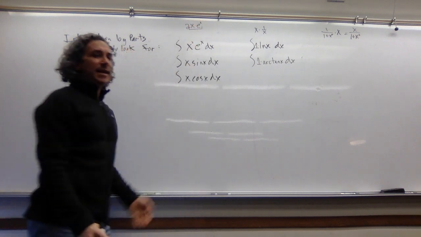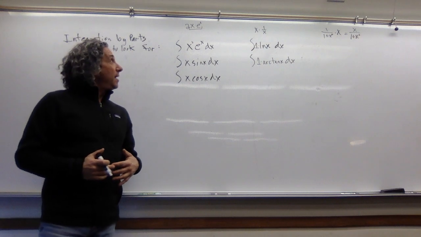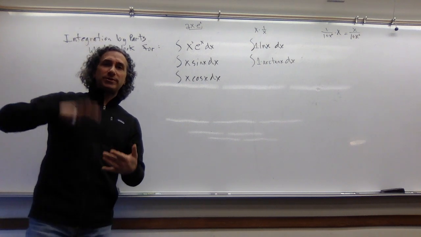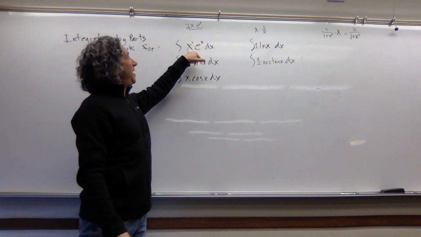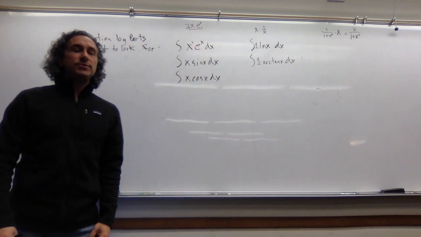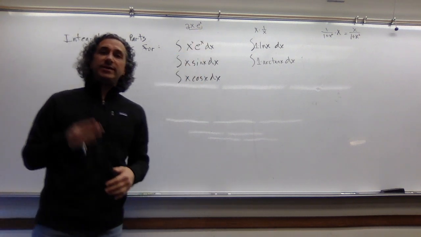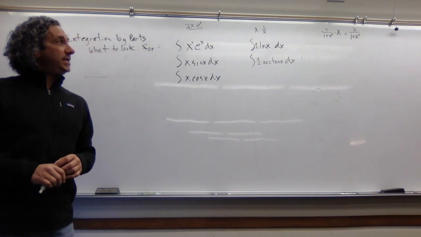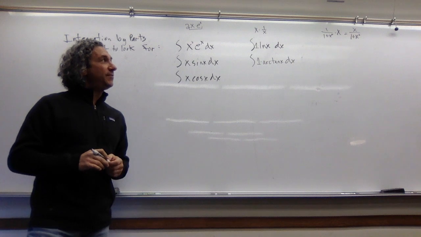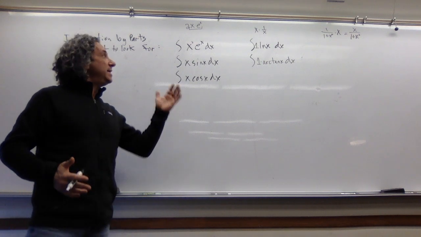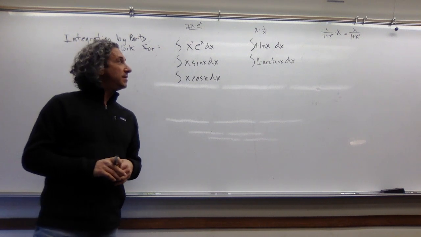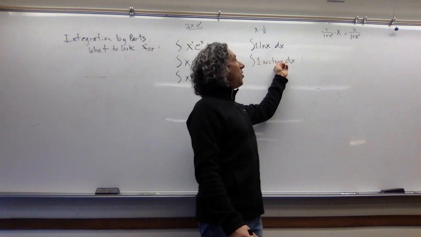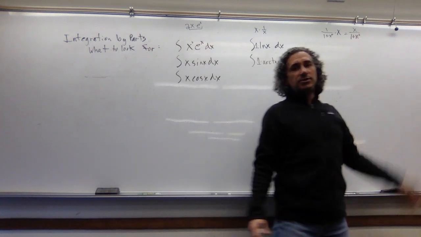And even if I can't integrate that straight away, I could still use this parts process because we already said that x e to the x is a candidate. So in other words, sometimes you'll have integration by parts twice. In fact, we need to keep our minds open to the idea that sometimes you use multiple integration techniques to solve problems. So this was another example. We used parts, but we're also going to use u substitution.